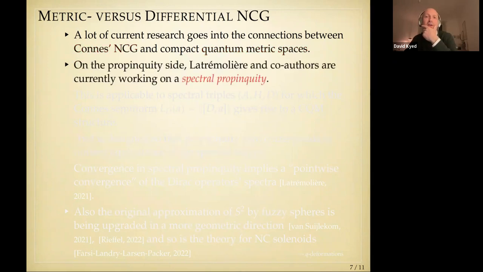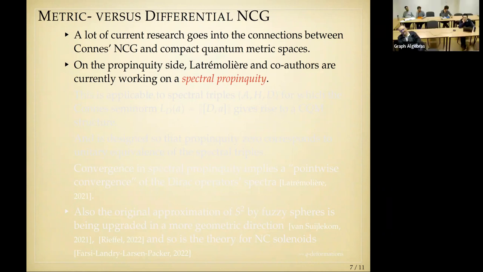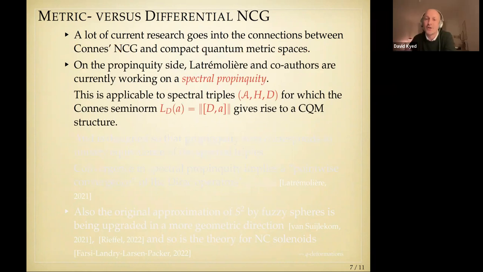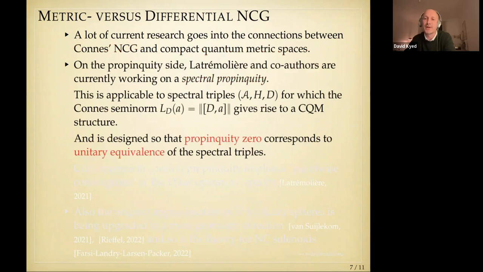On the propinquity side of things, Latrémolière and his co-authors have been working on what they call spectral propinquity, which you can apply to those spectral triples for which the Connes seminorm gives rise to a compact quantum metric structure. And this is designed in such a way that if you have spectral propinquity 0, then you have a unitary equivalence between the spectral triples in question.